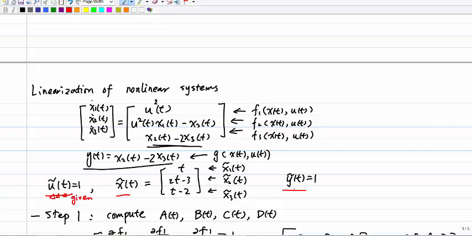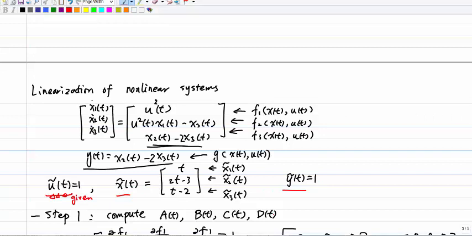If you're not given them, you have to compute them. In general you cannot compute the solution, but in some special cases, given the nominal control input and nominal state, you can compute the output. In many cases you are given these values to make your life easier.